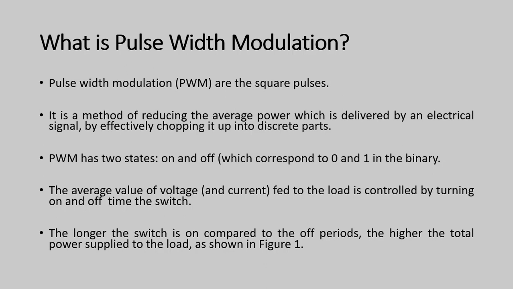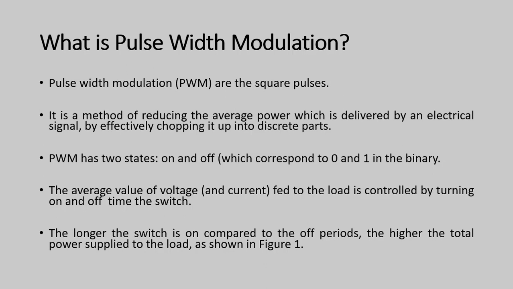The method involves chopping the signal into discrete parts. So PWM has two states, one is on and another is off. When we are discussing the on-off states, we can relate them to zeros and ones, like in binary.